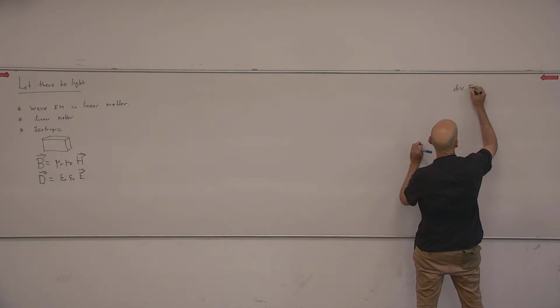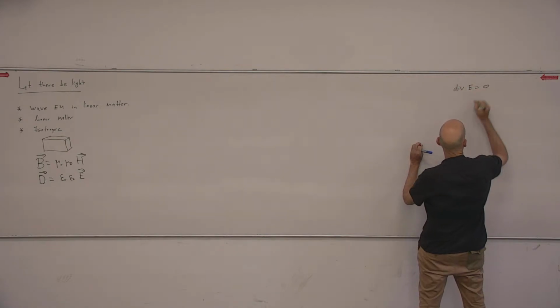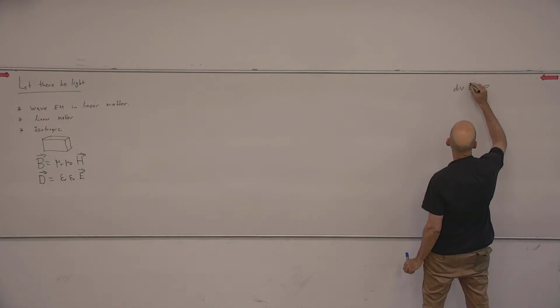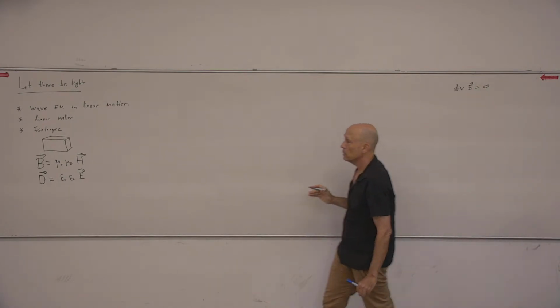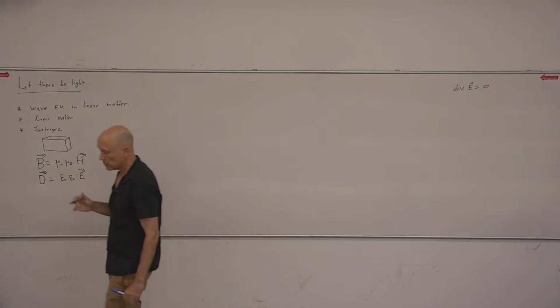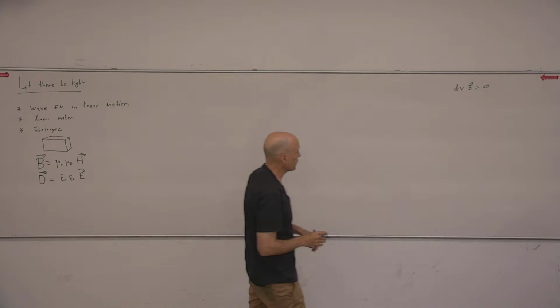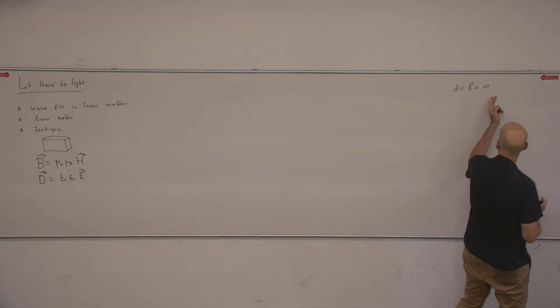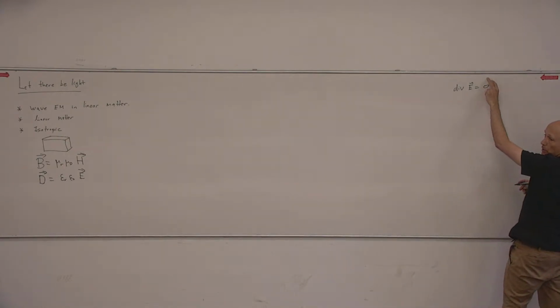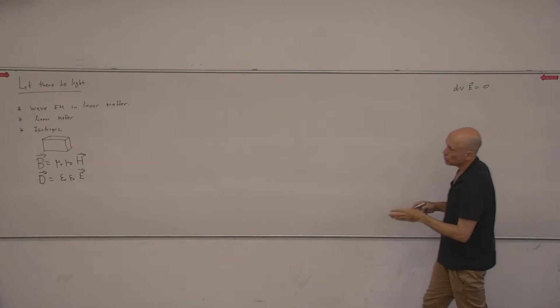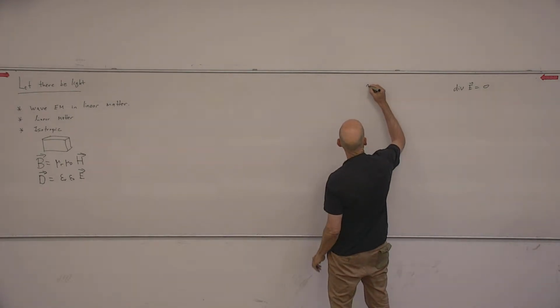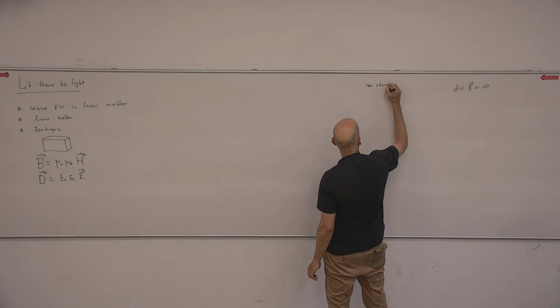So the first equation I'm going to use is div E equals 0. Now this just means that we are satisfying the Gauss law or the Coulomb law if you want, but the charges are 0. And this is another assumption, that I'm assuming no charges.